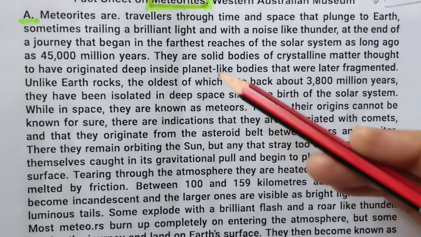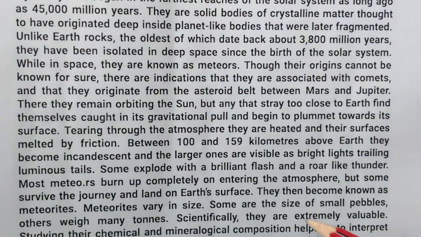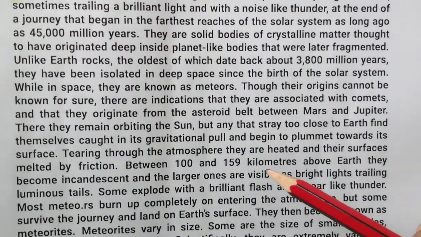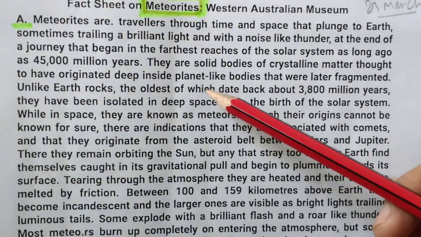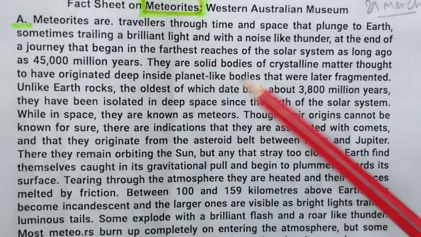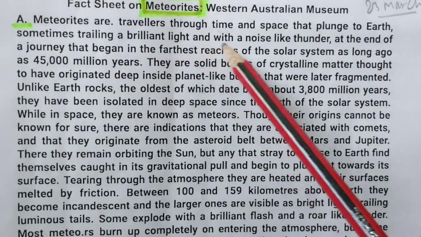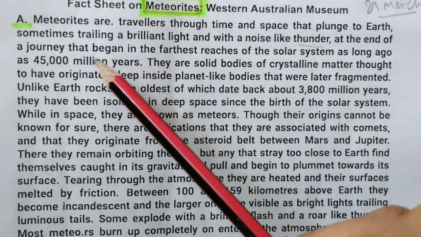So this is the full A paragraph, from here up to here. I will show it to you, just try to read it. You can pause the screen. Meteorites are travelers through time and space that plunge to earth, sometimes trailing a brilliant light with a noise like thunder at the end of the journey.